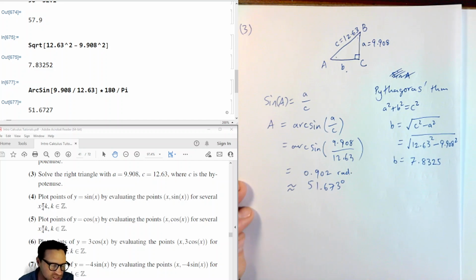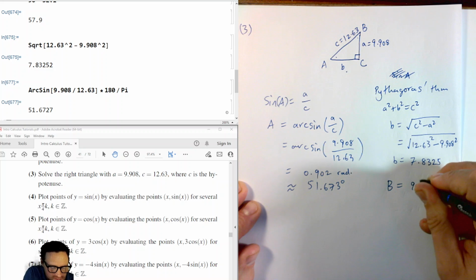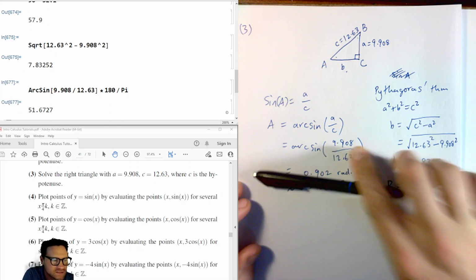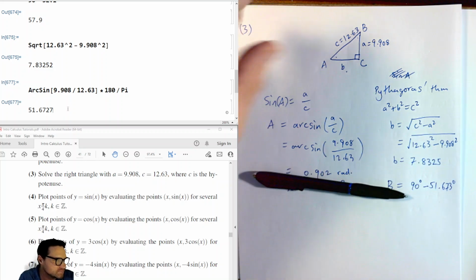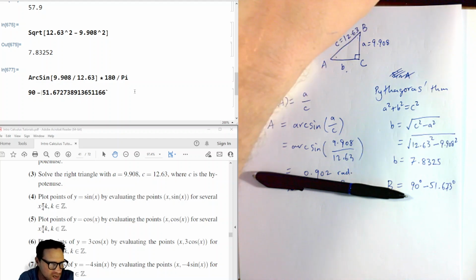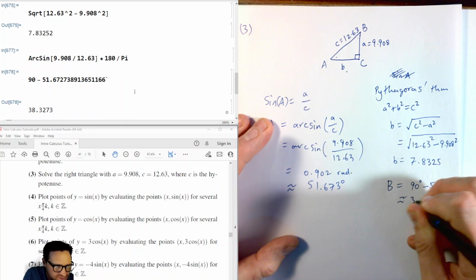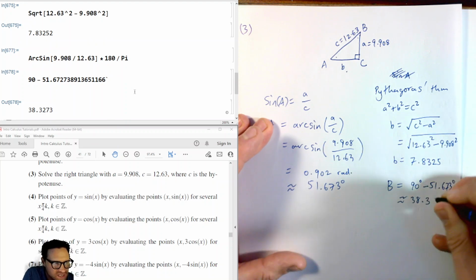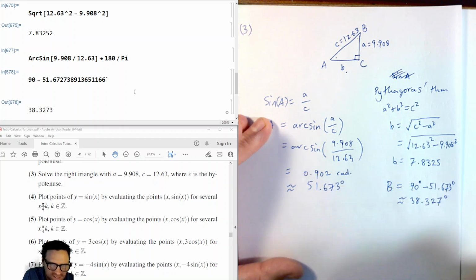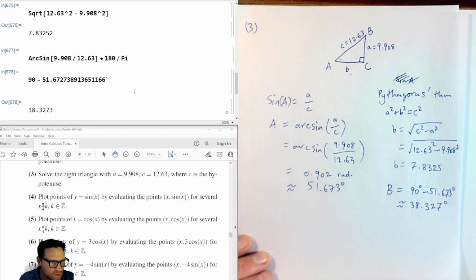Now to get uppercase B, it is just 90 degrees minus 51.673 degrees. So I'll take that and write 90 minus that. And so we've got 38.327 degrees for B. All right, great. Let's move on to question 4.